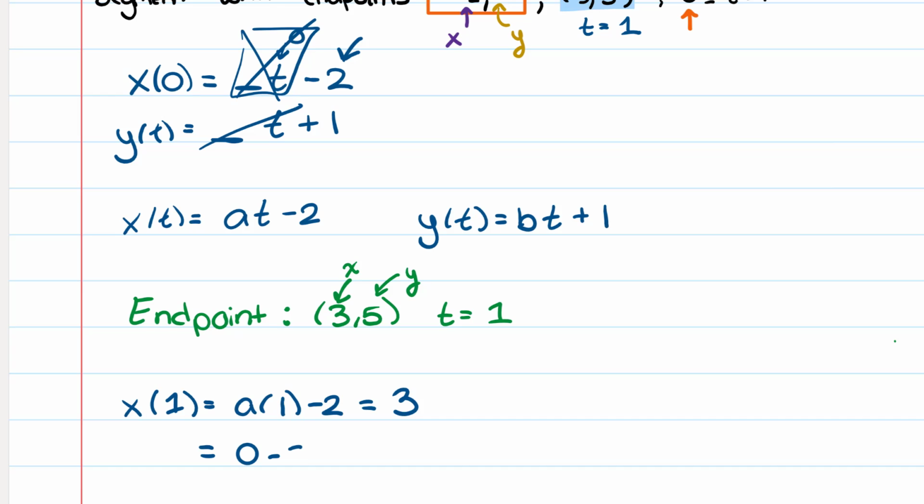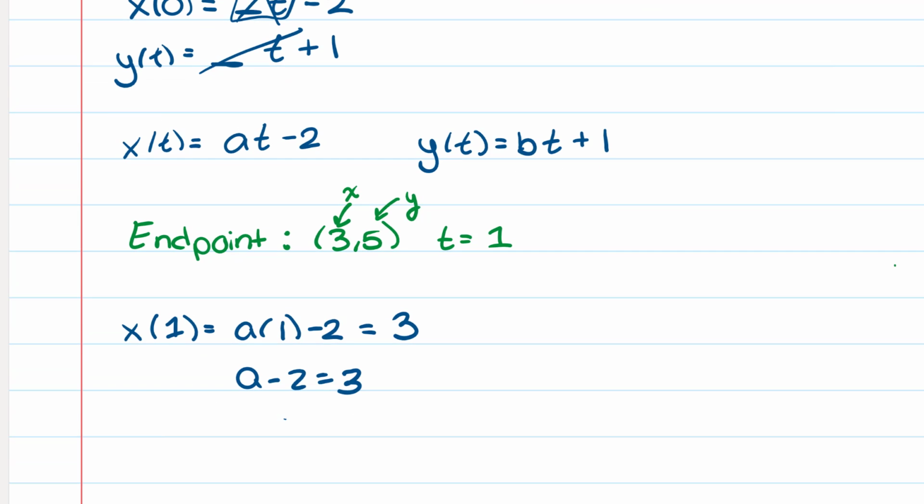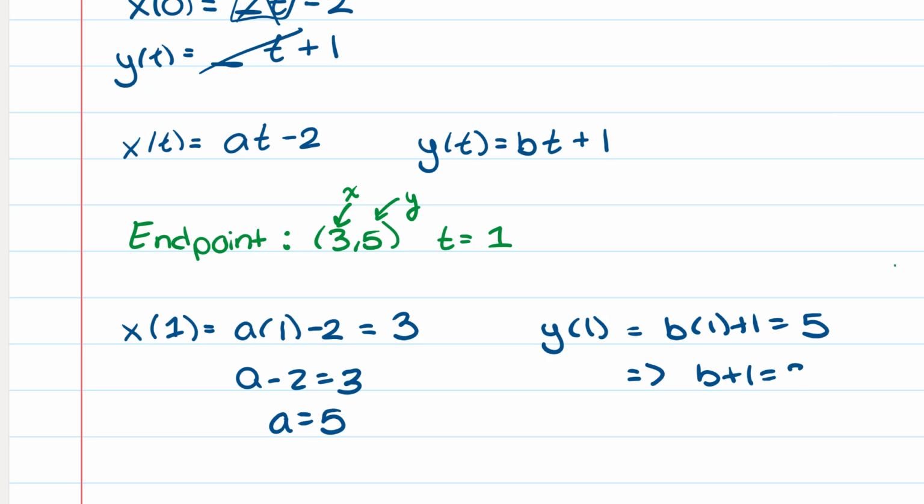So a minus 2 is equal to 3, so a is going to be 5. And then y of 1 is b times 1 plus 1, which better equal 5. So b plus 1 is 5, so b has to be 4.